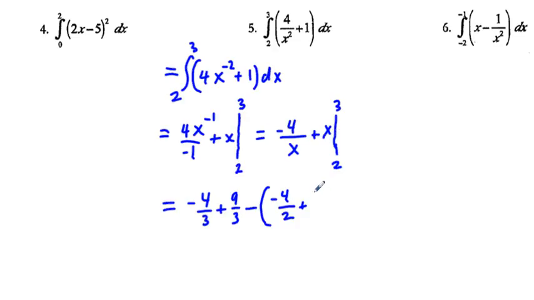Well, we rewrite that as 4 over 2, and I hope you can see that in parentheses here, this negative 4 halves plus 4 halves is going to be equal to 0. So all we have left is negative 4/3 plus 9/3, which is 5/3, which is our final simplified answer for problem number 5.